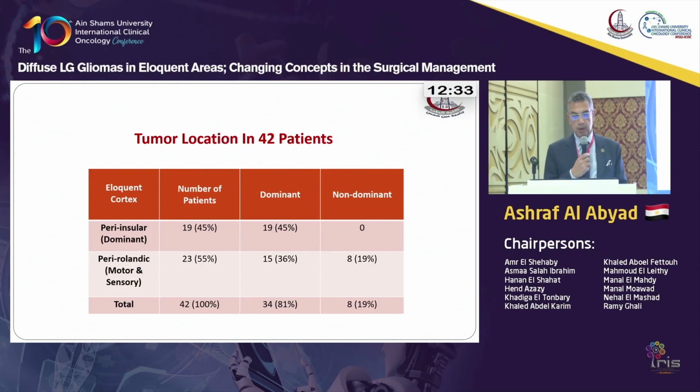In the functional MRI, the tumor was located in a perisylvian area, which is the language area, in 45% of patients, while it was located in the peri-Rolandic area, or the motor sensory area, in 55% of patients.